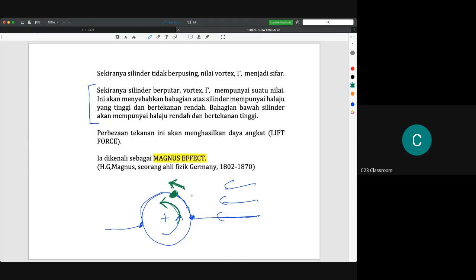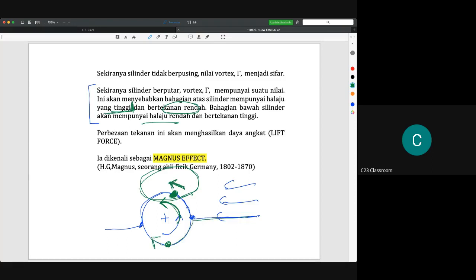So that's why in this situation, at this area, the velocity is higher and it will create low pressure. At this point, you know that the molecule here will flow like this one.